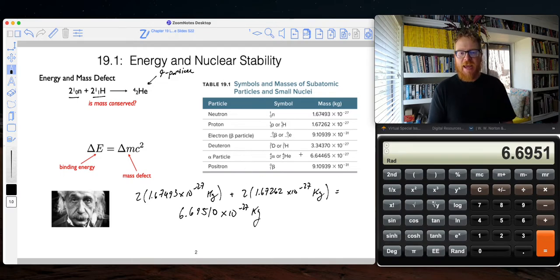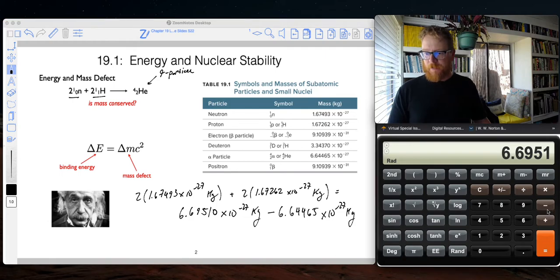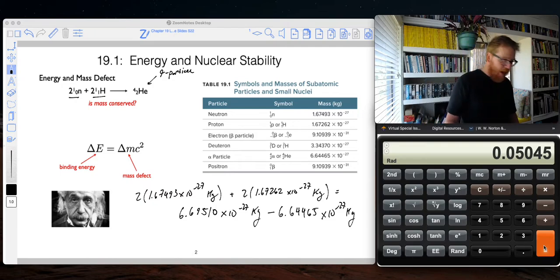If I take the difference between these 2 masses, so now minus 6.64465 times 10 to the minus 27 kilograms, equals, let me make sure I did that right. Yep.